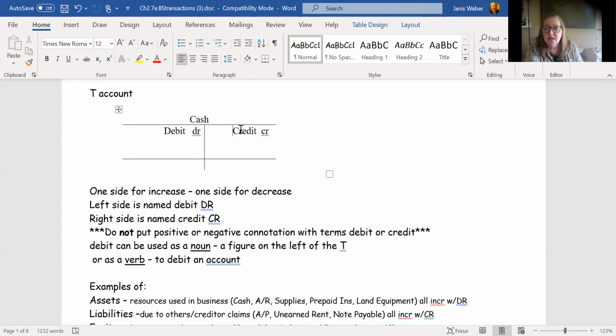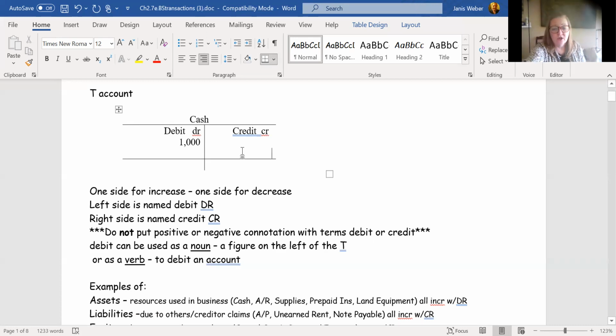If you say you're debiting the account, then you're actually making an entry on the left side. If you're looking at that T account, the left side is the debit side, the right side is the credit side. So you could use the term debit to mean there is a debit in the account. Like when I put the $1,000 in the T account for cash, that was a $1,000 debit to the account cash.